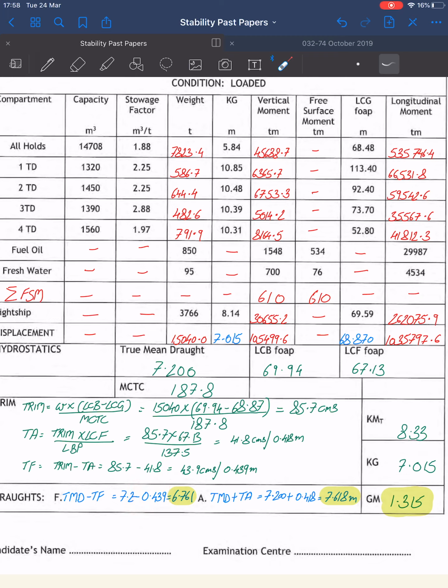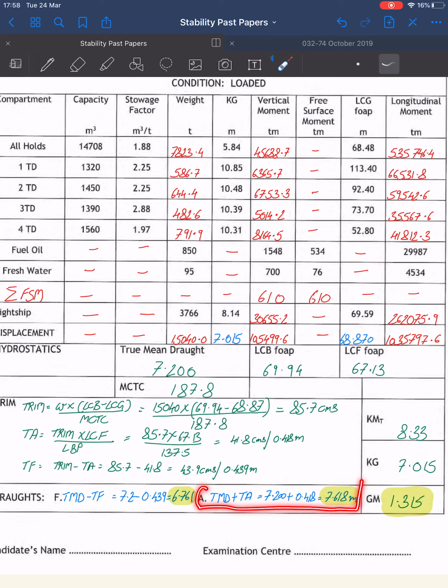My true mean draft is 7.200 meters. I take my trim forward, 0.439, from it. So 7.2 minus 0.439 gives me 6.761 meters. For the aft draft, it is true mean draft plus trim aft.